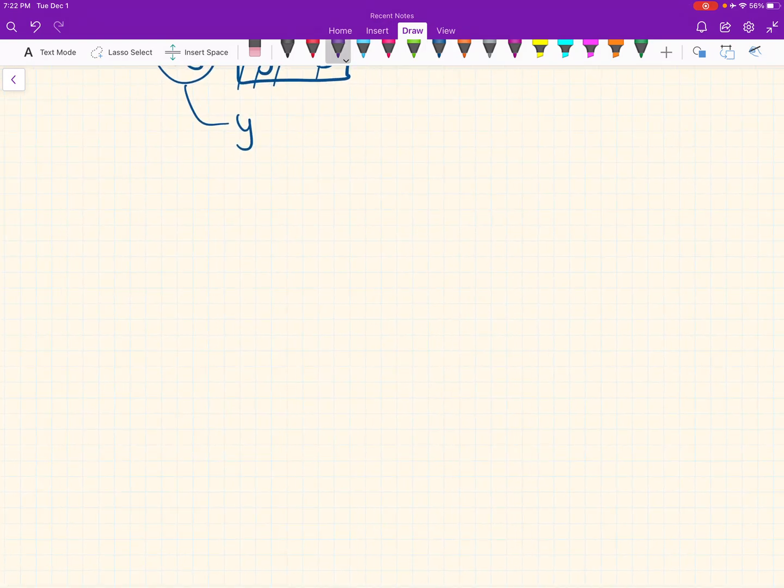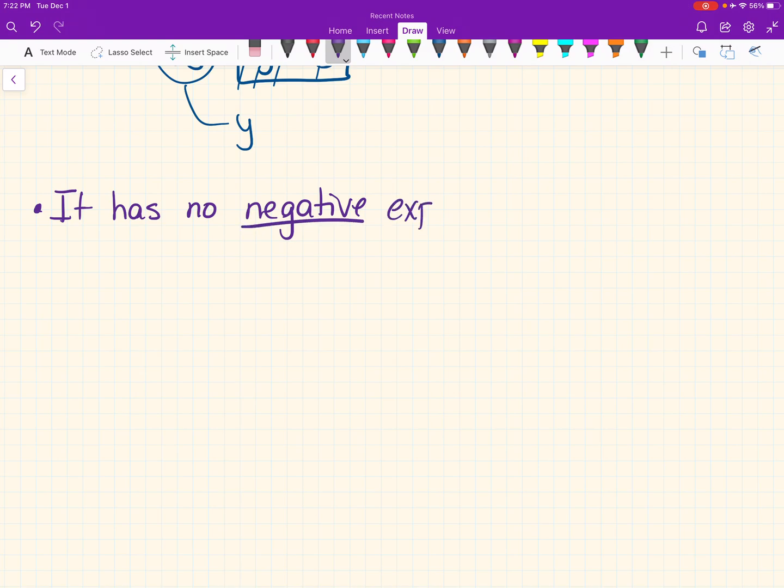Okay, so an expression is simplified when it has no negative exponents. You know you're done when this happens. No negative exponents.